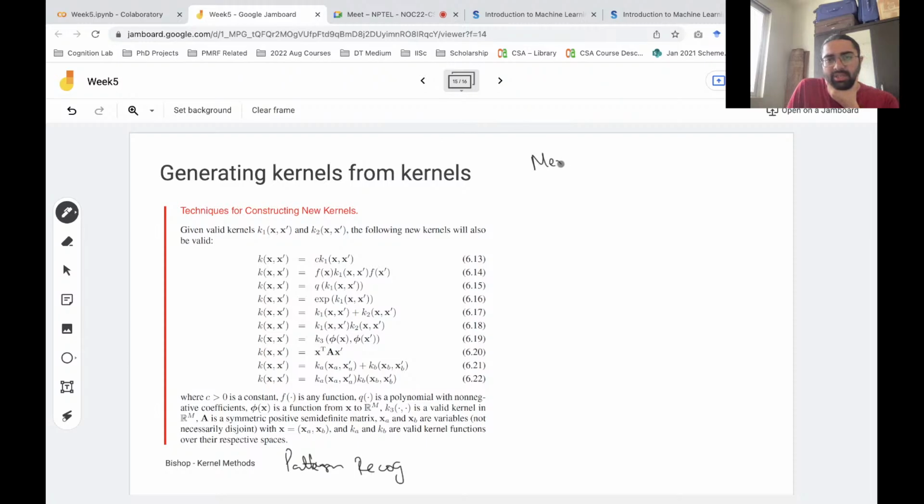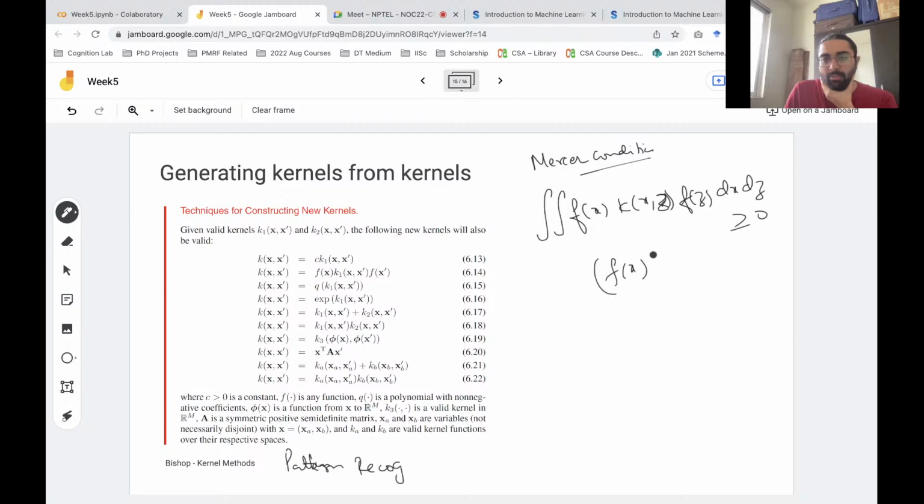One is the actual Mercer conditions, which talks in terms of integrals: the integral of f of x, k, which is your kernel function, f of z dx dz should be greater than or equal to 0, across the whole real space, for functions f such that the integral of f squared dx is less than infinity. And the fact that k has to be symmetric, so k of x, z should be equal to k of z, x. Now personally this is not my favorite as such.